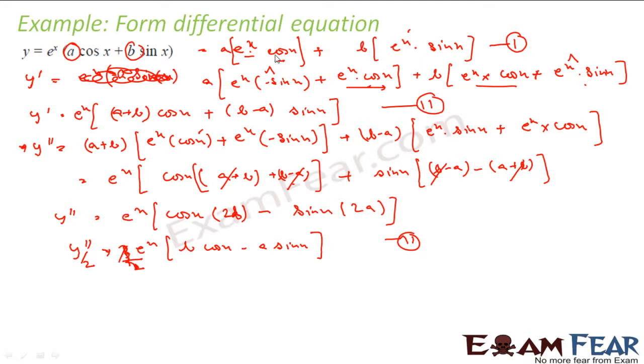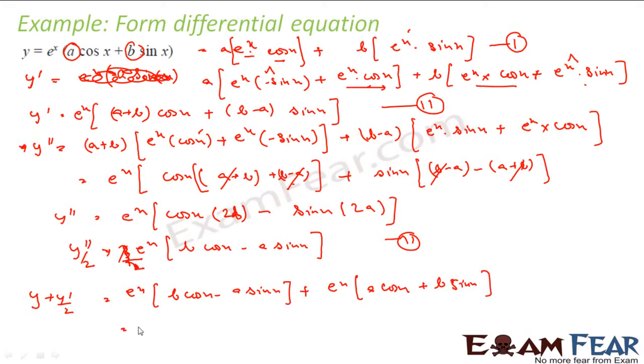If you see, my y is of this form, a e to the power x cos x plus b e to the power x sin x, and y dash by 2 is of this form, e to the power x, b cos x minus a sin x. So add these two guys, you may get this guy, y dash. So let's do that. Y plus y double dash by 2 is nothing but e to the power x, b cos x minus a sin x, plus y is this guy, e to the power x, a cos x plus b sin x.